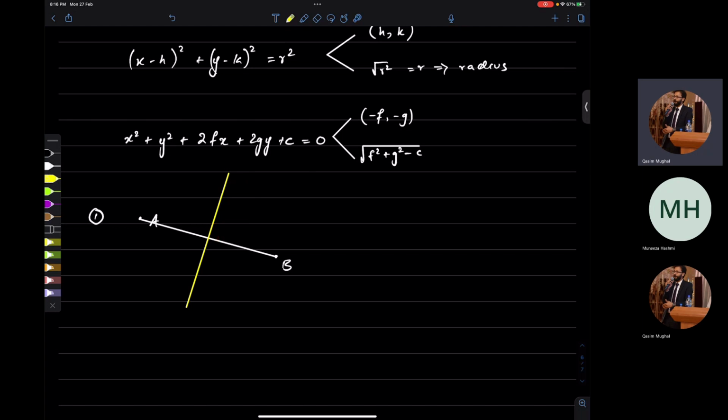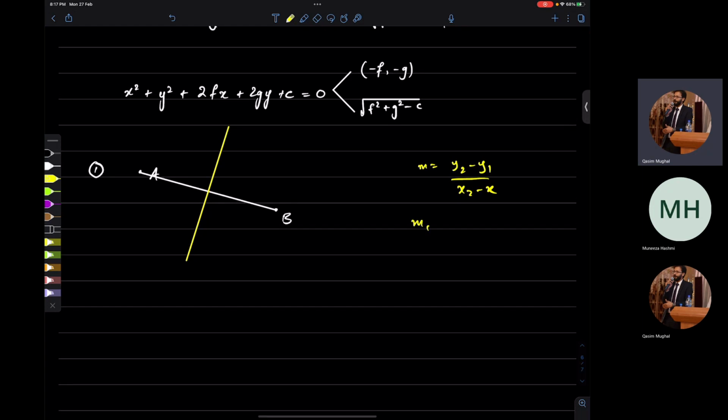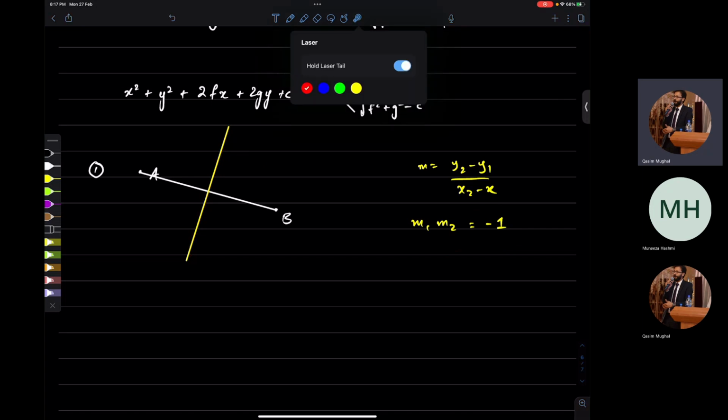First of all, we'll need the gradient of AB, which you calculate by the formula (y2 − y1) over (x2 − x1). Once you have the gradient of AB, you apply the concept that m1 × m2 = −1 for perpendicular lines. By applying this, you get the gradient of the line perpendicular to it. So we have the gradient for this yellow line. Now all we need is a point through which this yellow line is passing.